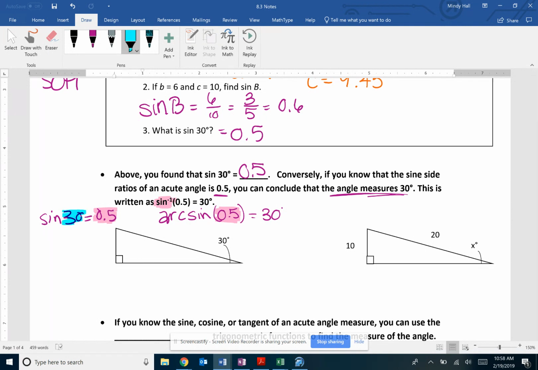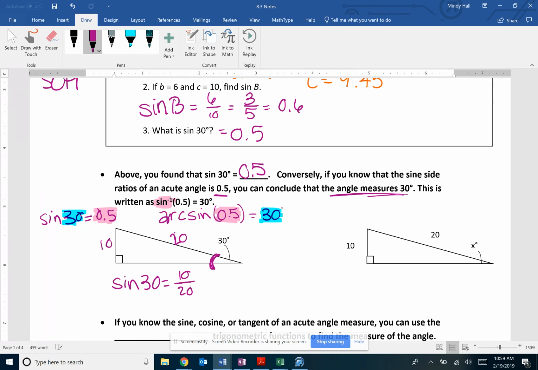And same thing, now your degree measure is your answer instead of a part of what you put into the calculator. So looking at the pictures they give us, if we have this 30 degrees, we would know that the opposite over hypotenuse would be a ratio of 1/2, so you can do like 10 over 20. And you have sine 30 equals 10 over 20.